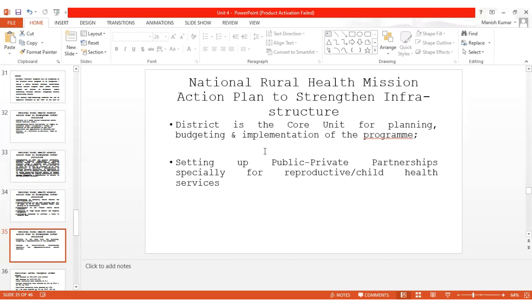So this is actually the roadmap. The blocks should develop their own health action plan, and that should be converged and merged to develop the district health action plan, and the district health action plan should be merged to develop a state health action plan, which is the ideal way. But this ideal way I have not seen being followed. This is just followed on paper. How do you develop your PIP, state PIP?